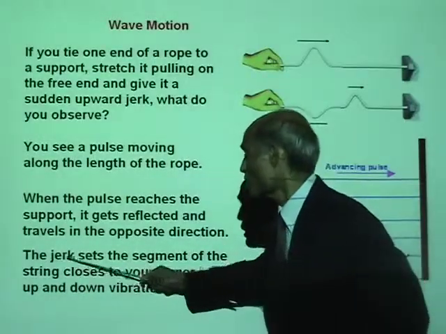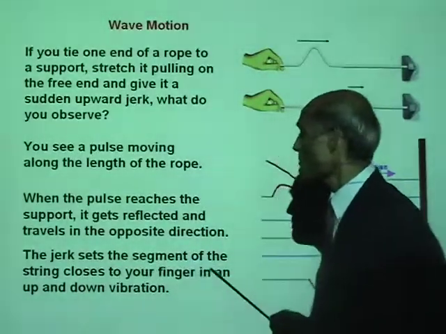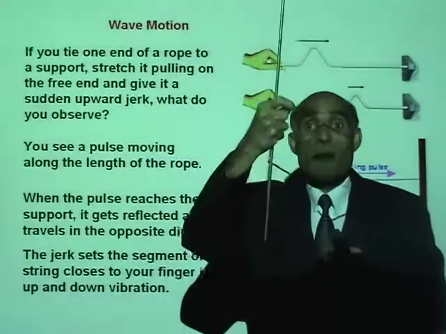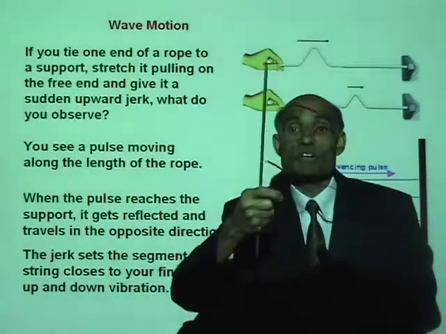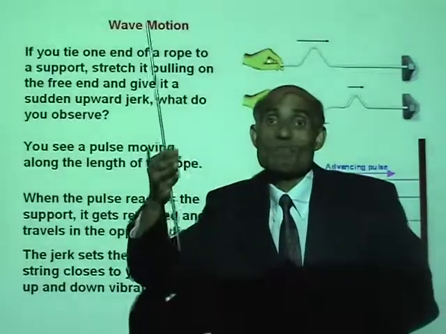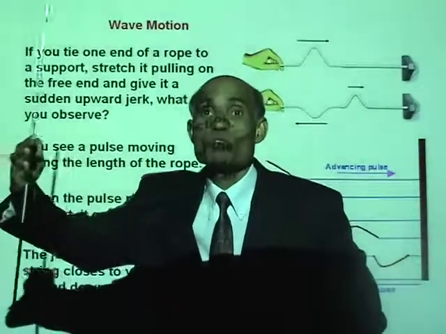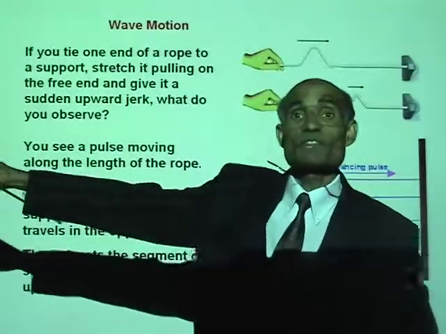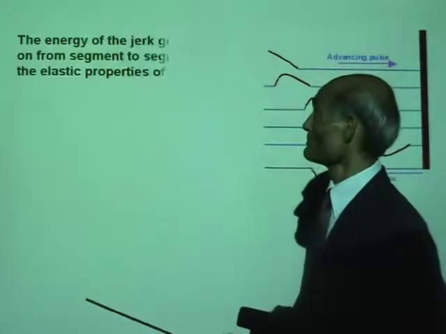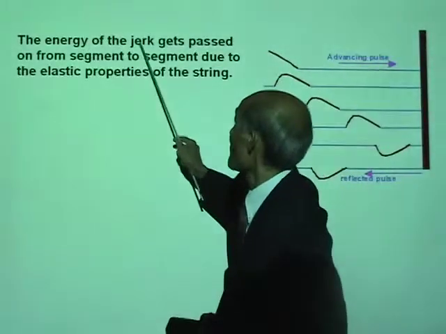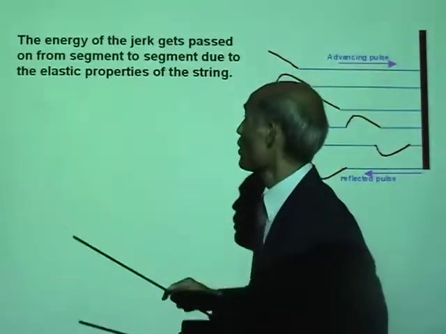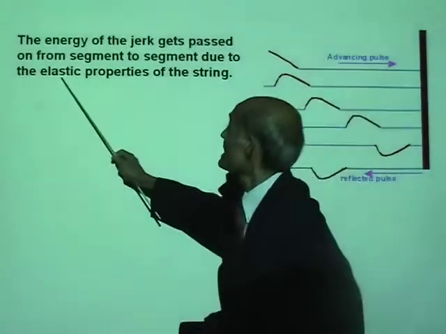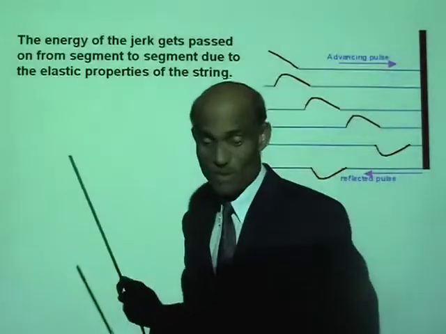So the jerk sets the segment of the string close to your hand into an up and down vibration, and that up and down vibration is passed on from segment to segment until it reaches the end of the rope. The energy of the jerk gets passed on due to the elastic properties of the string.